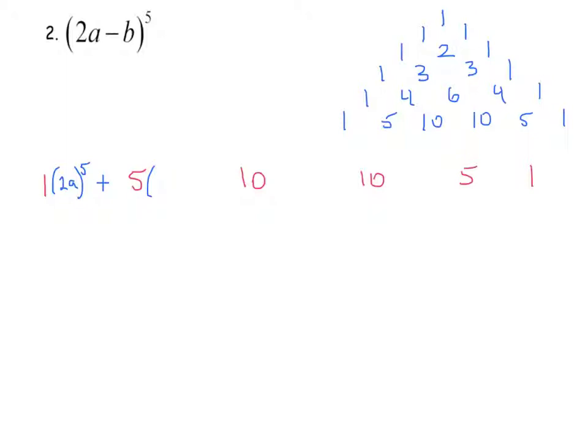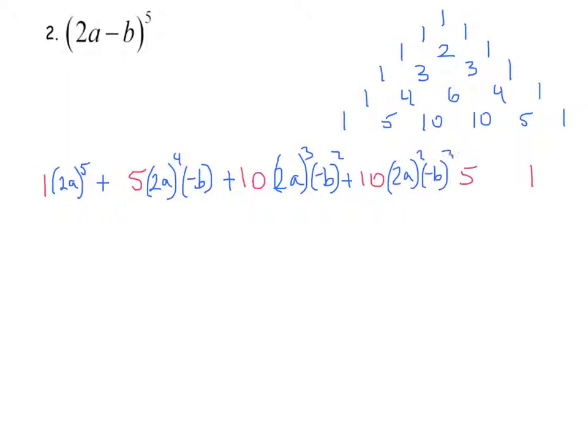5 times 2 times a to the fourth power times negative b, plus 10 times 2 times a to the third power times negative b to the second power, plus 10 times 2 times a to the second power times negative b to the third power, plus 5 times 2a and negative b to the fourth power.